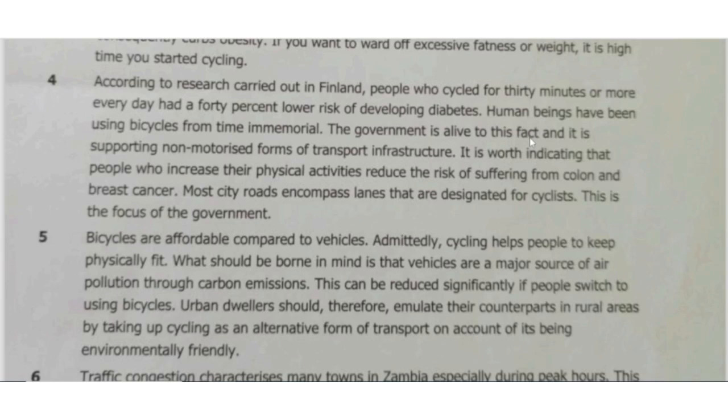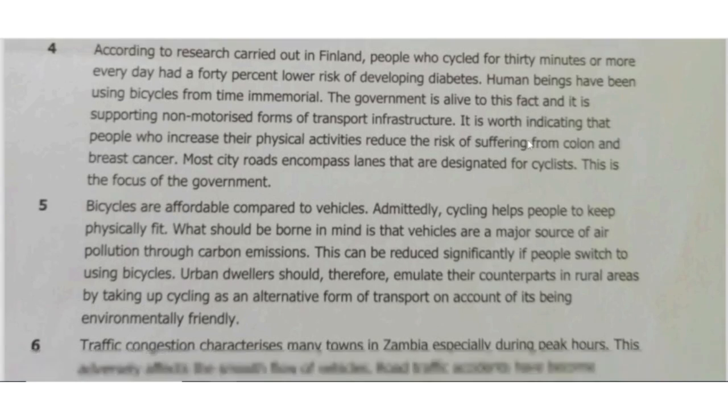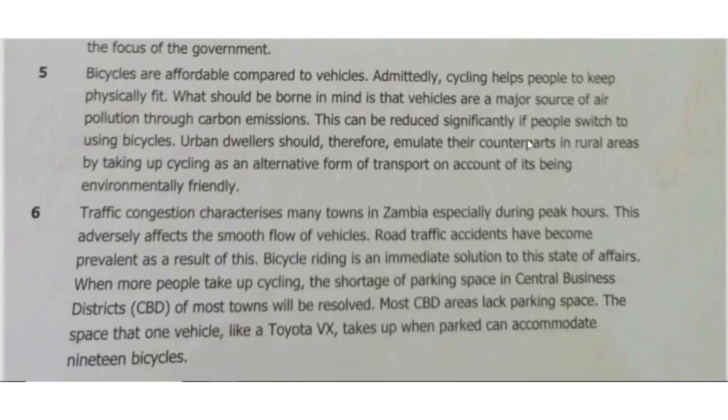It is worth indicating that people who increase their physical activities reduce the risk of suffering from colon and breast cancer. Most city roads encompass lanes that are designated for cyclists. This is the focus of the government. Bicycles are affordable compared to vehicles. Admittedly, cycling helps people to keep physically fit.